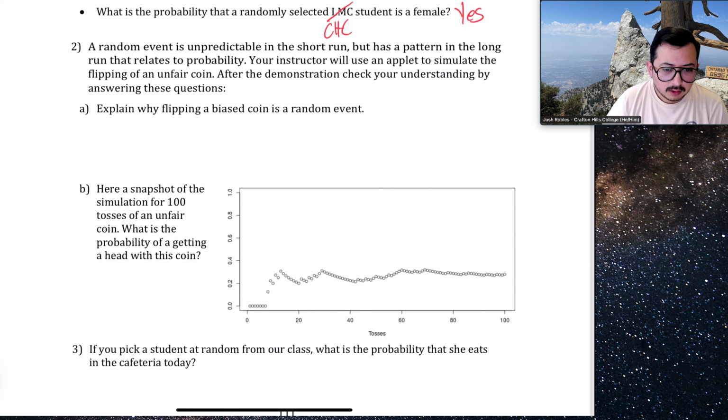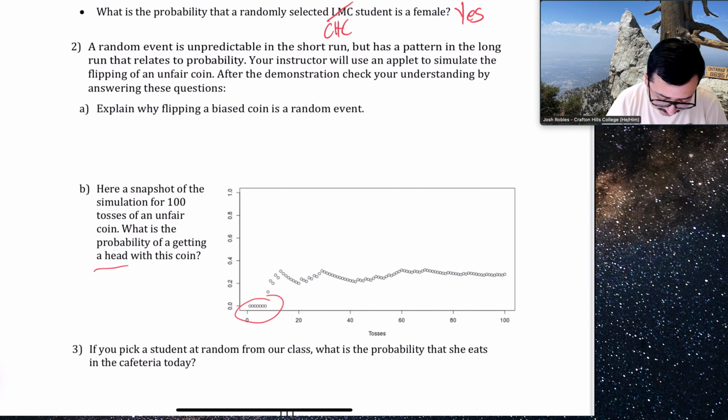I think it's checking the chances that it's heads. Each dot represents one more total flip. There's apparently 100 dots there.